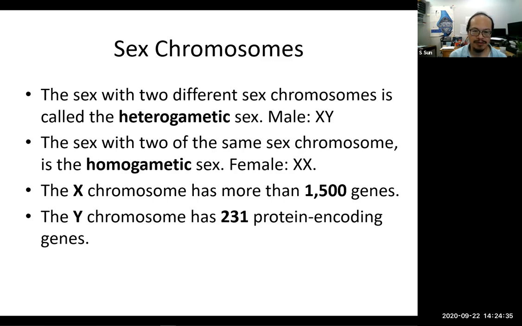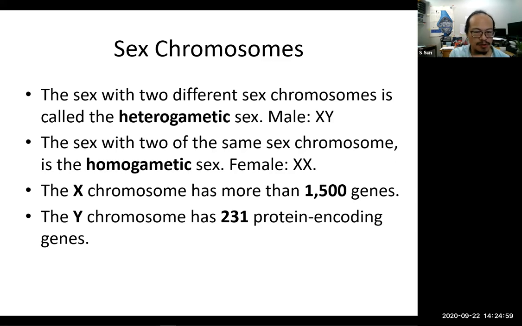Whether that's autosomal dominant or autosomal recessive, those are all autosomal traits. Autosomal traits affect both sexes, both male and female, and those are chromosomes 1 to 22 in our body.